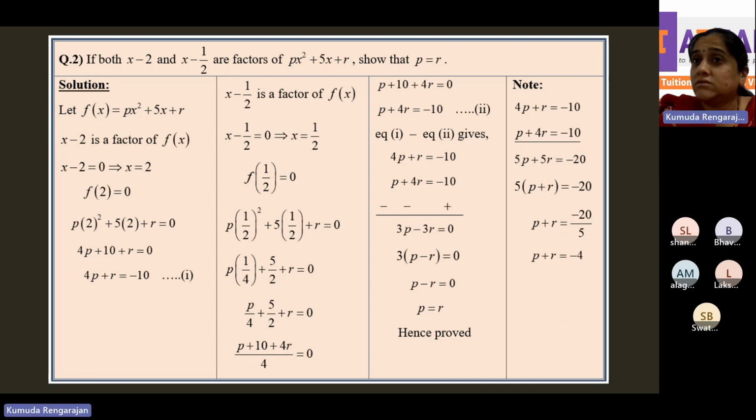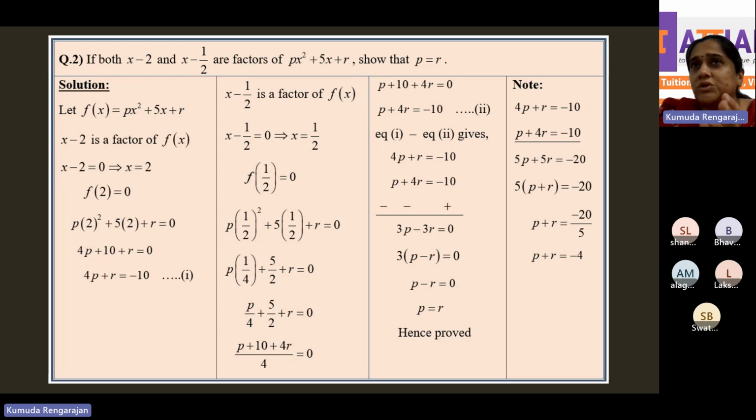Coordinate geometry and lines and angles. Finished. When is the exam? In September. Yeah, by August 10 we can finish coordinate geometry, linear equations, Euclid's geometry, and the next one is what?